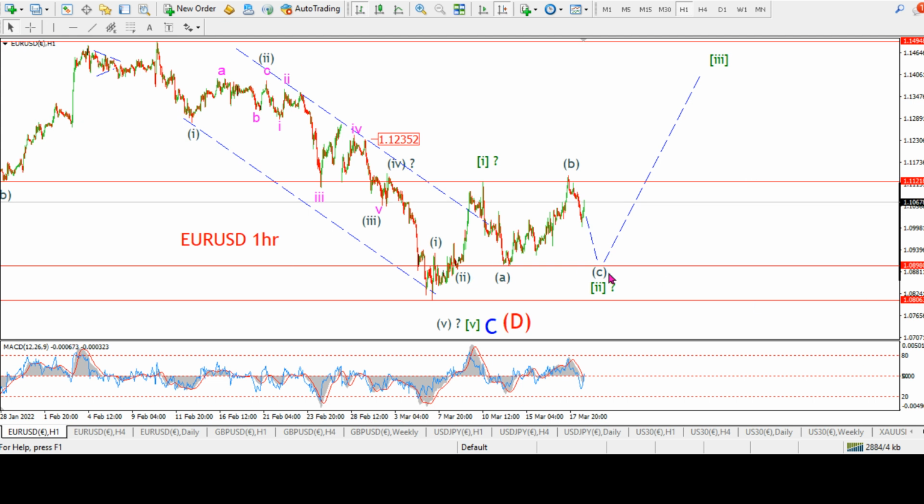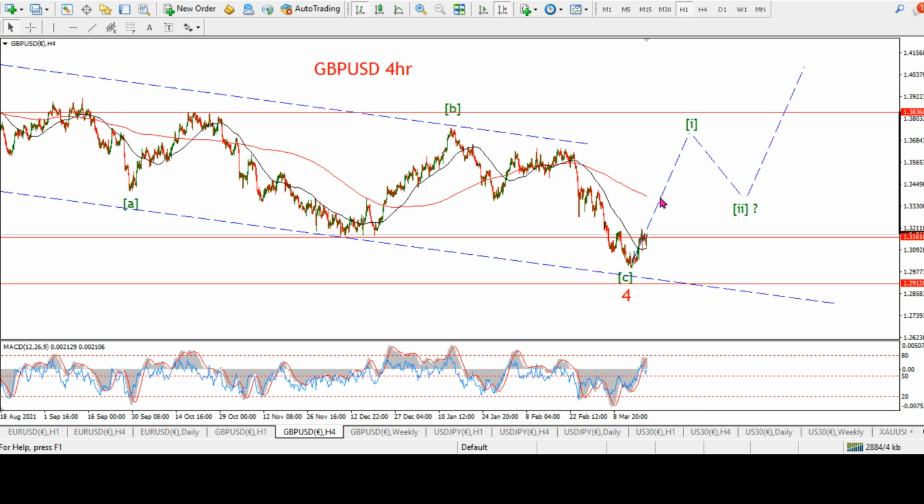So let's see, 108.98 will be the preliminary target for wave 2 to complete. As long as 108.06 holds, then this wave count is still developing and maybe even quite likely.